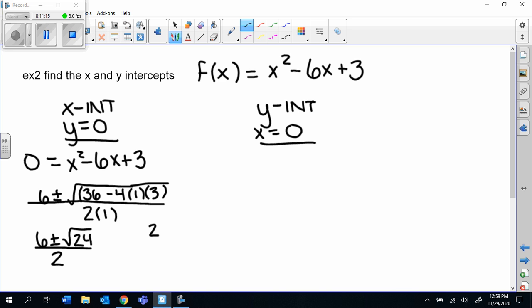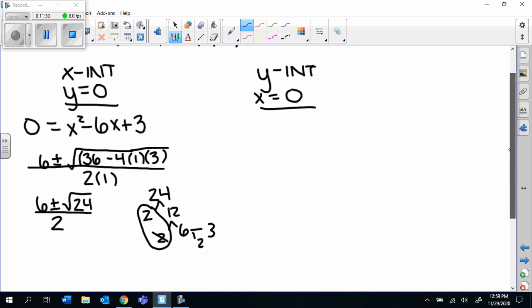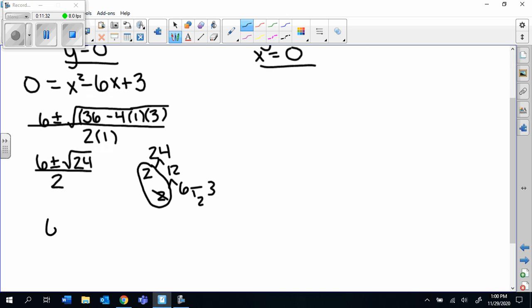Let's break that 24 down. We're going to have 2 and 12, which is 2 and 6, which is 2 and 3. So it looks like I have a pair of 2's. One guy cancels, so I have 6 plus or minus 2 radical. That 2 and that 3 do not have buddies, so we remultiply them.